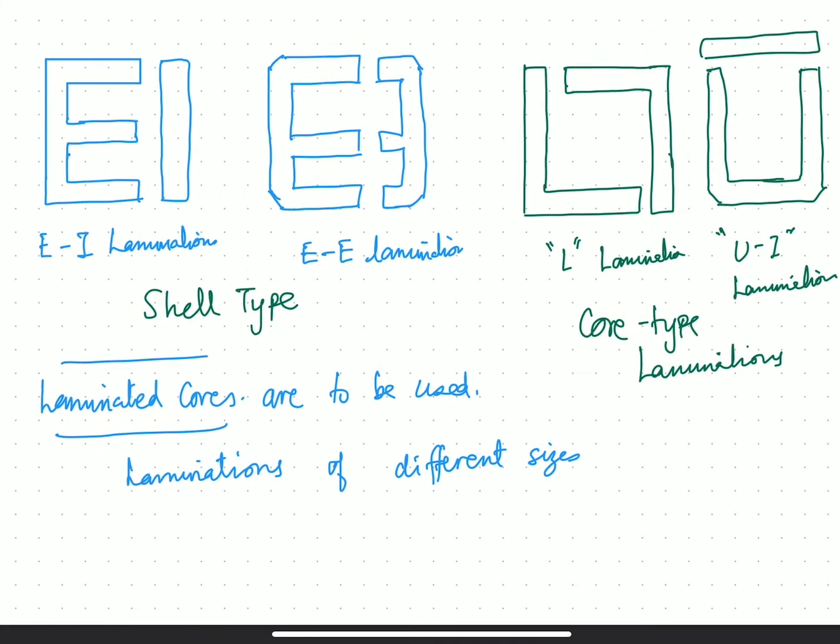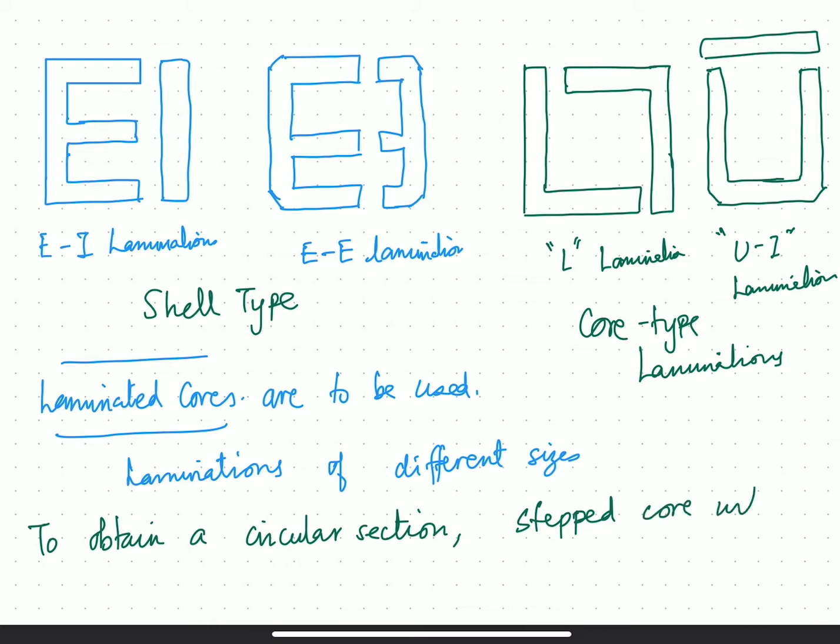So what we do, in order to obtain a circular section, we approximate the circular section as a stepped core with an infinite number of steps.